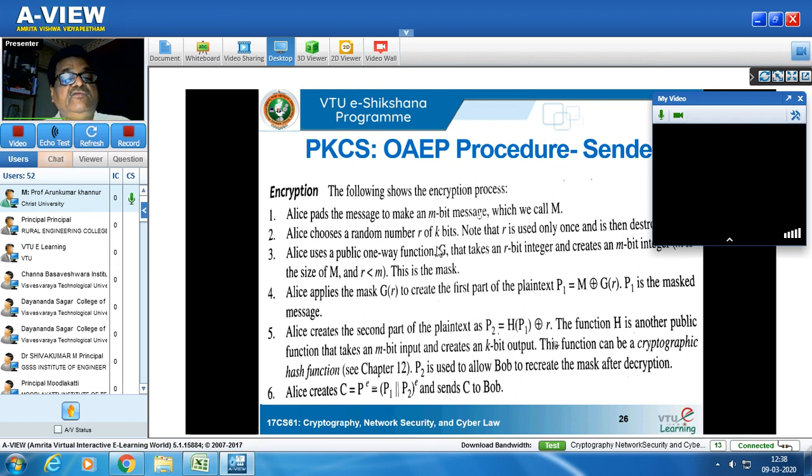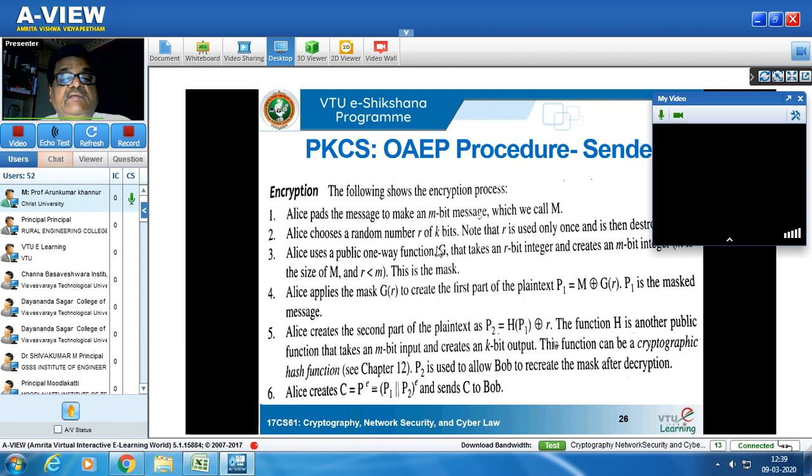Then Alice chooses a random number R of K bits. Note that R is used only once and is then destroyed, because unauthorized people should not access it. This random number R is of K bits. Alice uses a public one-way function G that takes an R bit integer and creates an M bit integer.